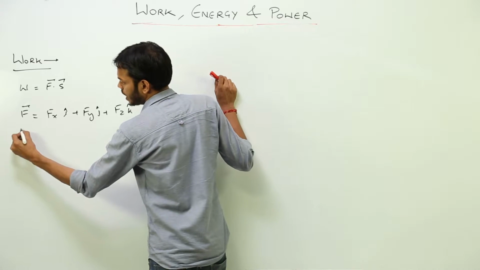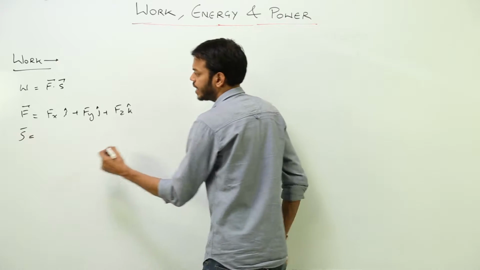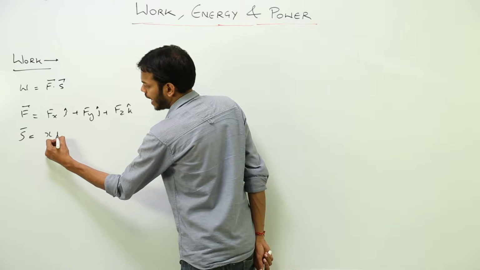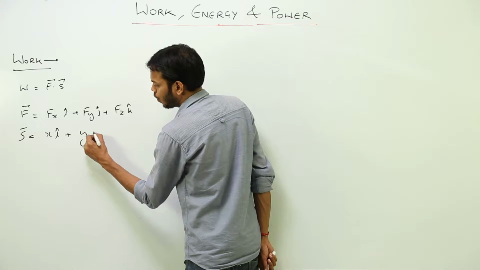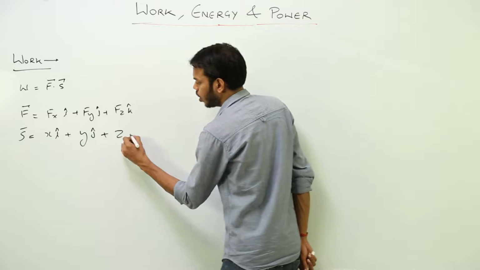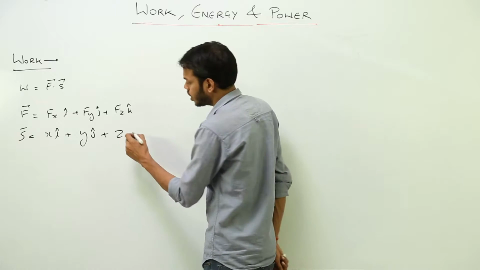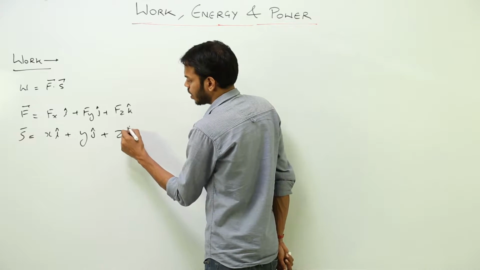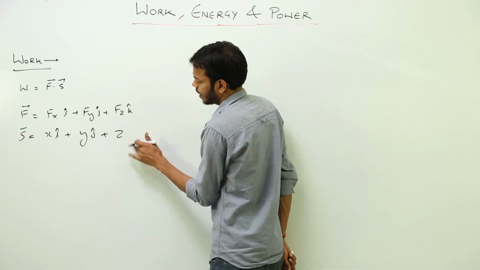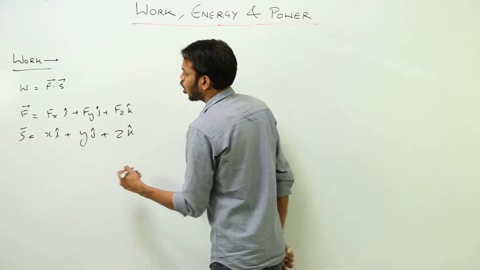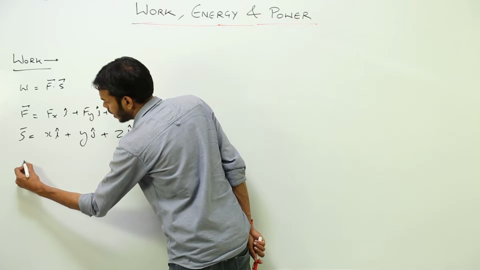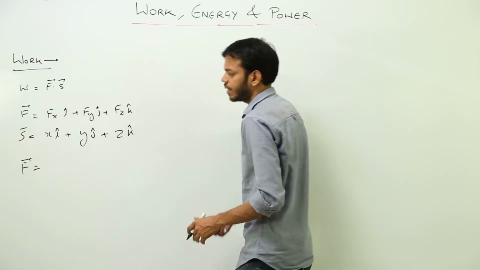And displacement is given by, suppose the object has done a displacement x along the x-axis, y along the y-axis, and z along the z-axis, that is k. So the dot product would be like what? We have discussed this thing.